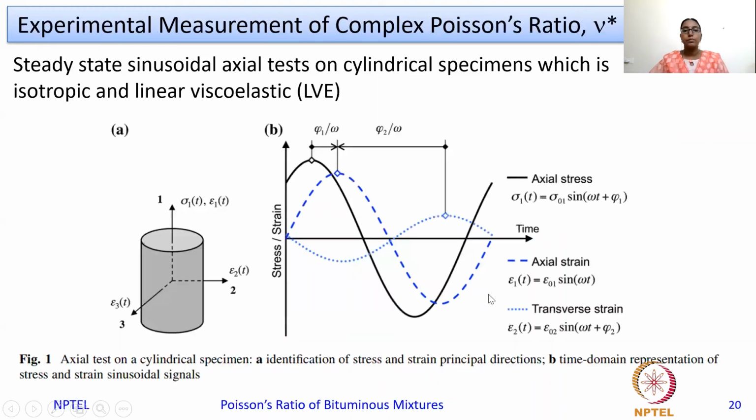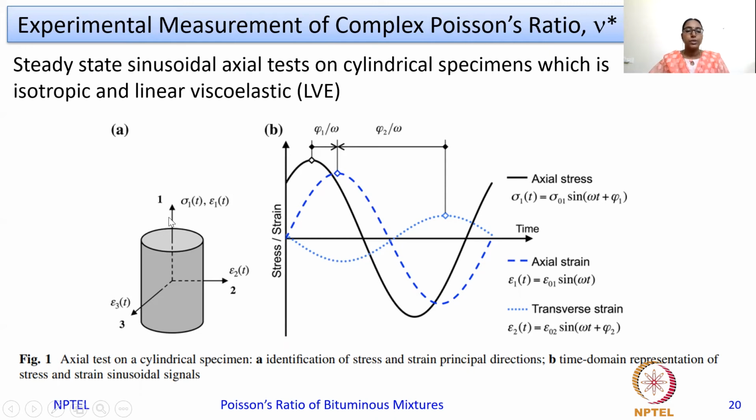Let us see one experimental measurement of this complex Poisson's ratio in a dynamic loading test. Here you can see a cylindrical specimen of an isotropic, linear viscoelastic material, subjected to a sinusoidal axial loading in the direction 1. These are the three directions 1, 2, and 3.